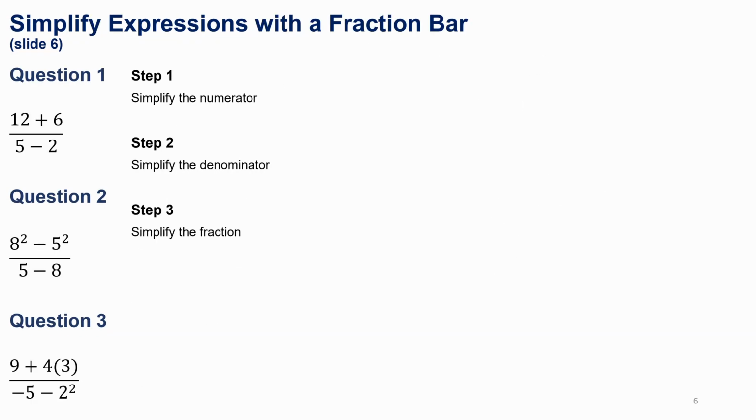The next series of questions deal with simplifying expressions with a fraction bar here. So what we're going to do first in this case is we're going to do 12 plus 6, which is in the numerator, and 5 minus 2, which is in the denominator.